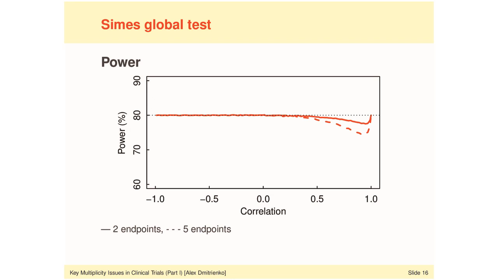With 2 endpoints, for example, we see a little bit of power loss, just a few percentage points, and when the correlation coefficient is very strong, which is extremely unusual in clinical trials, there is obviously more loss with 5 endpoints, but this loss is an order of magnitude smaller compared to the Biopharmaceutical case, and this is the reason why we will spend a fair amount of time discussing SIMS-based multiple testing procedures such as the Hochberg and Hommel later in this module.